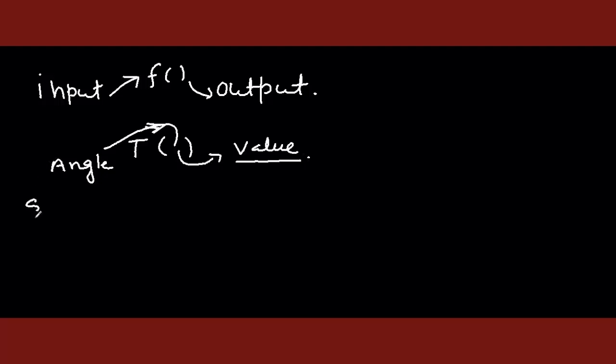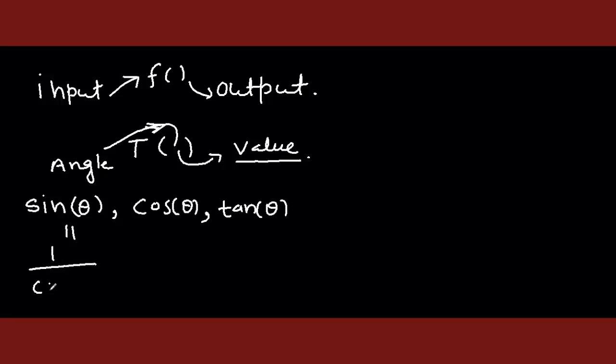Basically we have 6 trigonometrical functions. These functions are sine of that angle, let us take this as theta, cos theta, tan theta, and sine theta is given by 1 upon cosec theta.